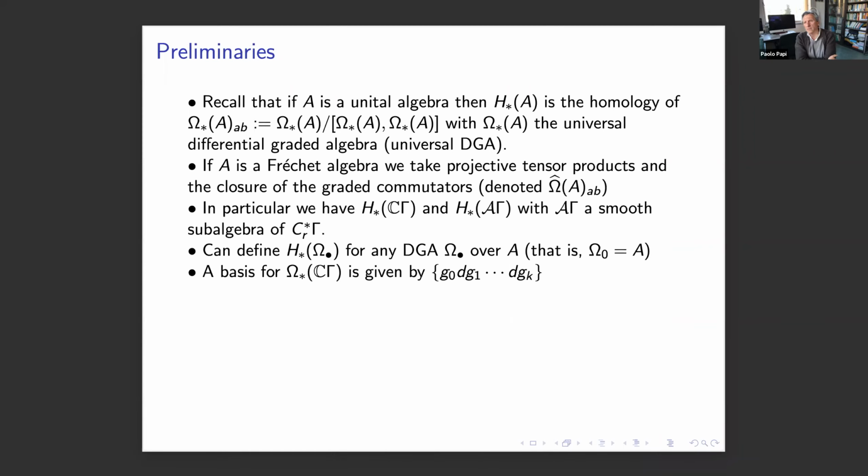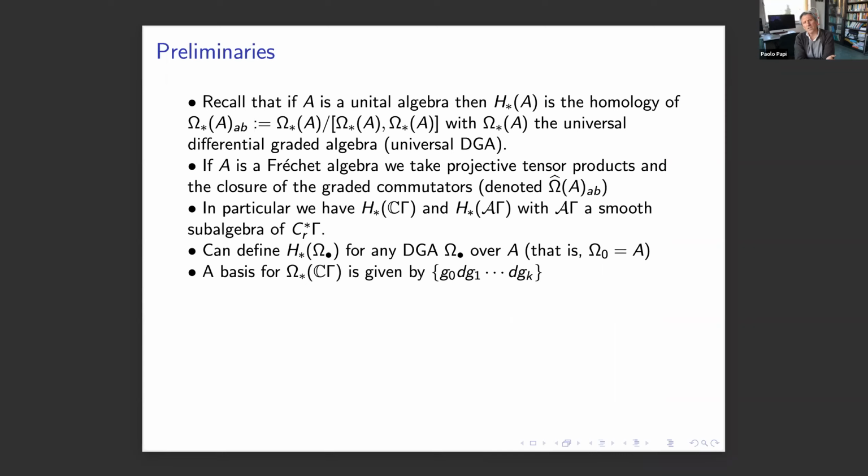Sorry, Paolo, just a silly question. If you take for your A some usual algebra, so smooth functions on some compact manifold, will you recover the usual de Rham homology or complex? Yeah, of course, yes. Okay.